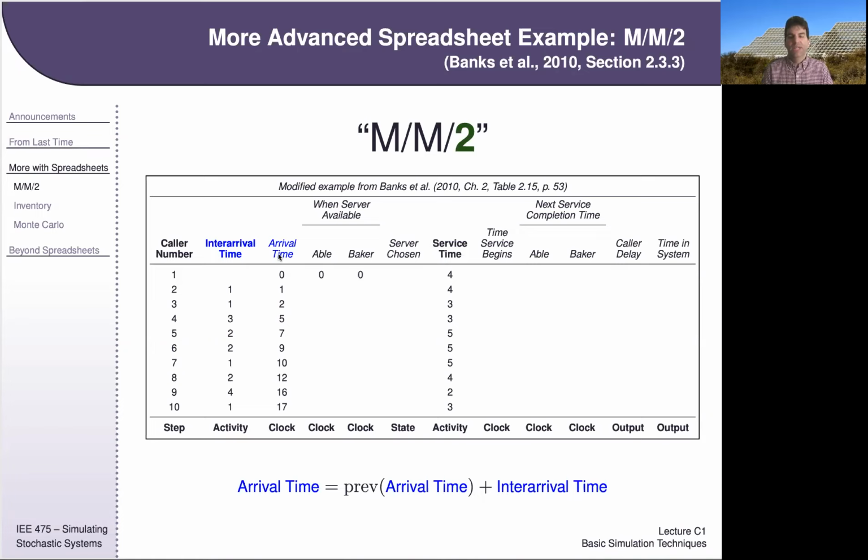And we know that the relationship is every arrival time is just the previous arrival time plus the inter-arrival time. So if you were writing a spreadsheet formula for this, you might say the arrival time here is going to be equal to the cell over here, which is the previous arrival time, say C3 or something like that, plus the inter-arrival time over here that's associated with this particular customer that I'm editing right now.